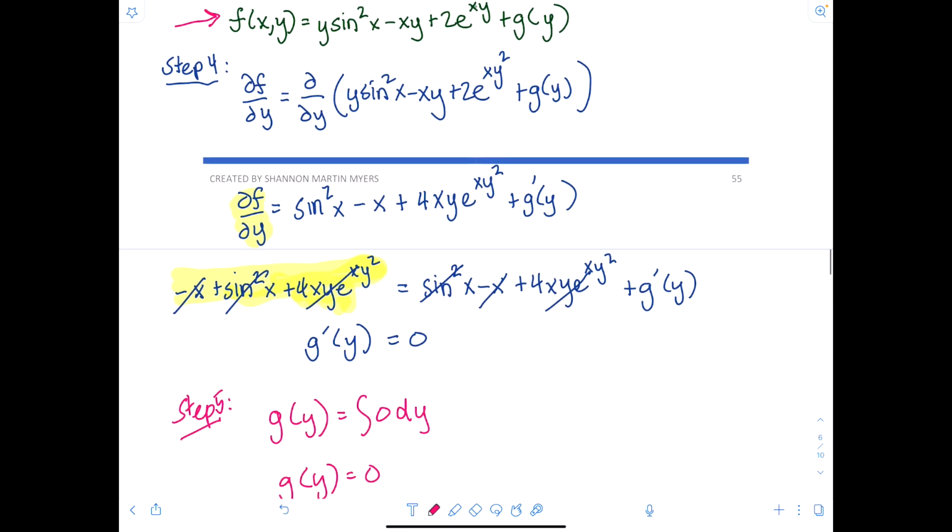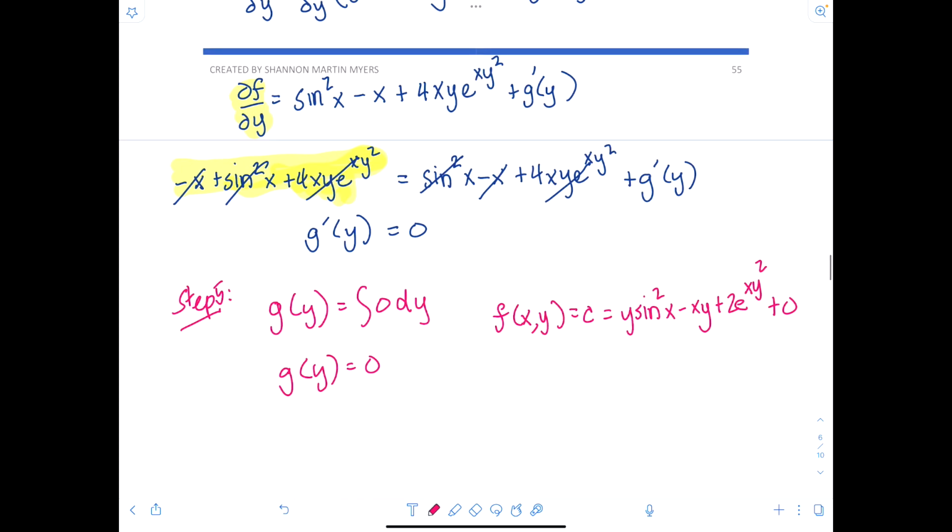So at the end of the day, f of x and y equals c equals y times sine squared at x minus xy plus 2e to the xy squared plus 0, and that gives us y times sine squared at x minus x times y plus 2e to the xy squared is equal to c. Cool, cool? All right, there we go.